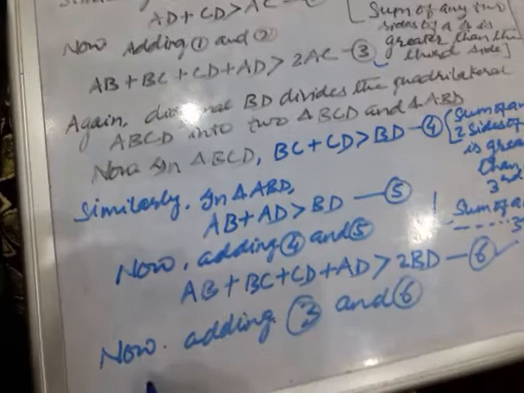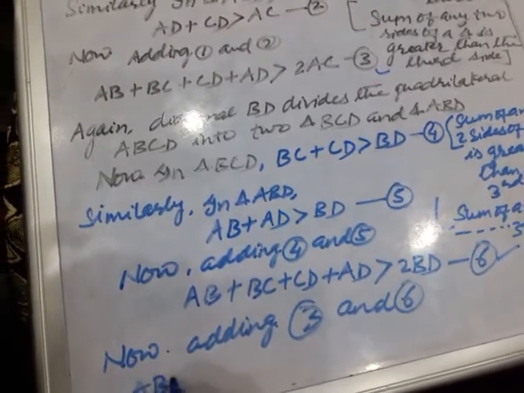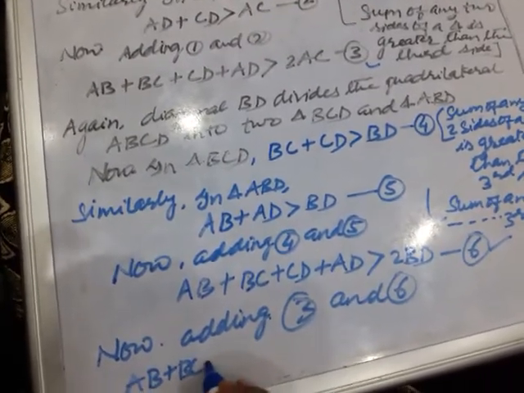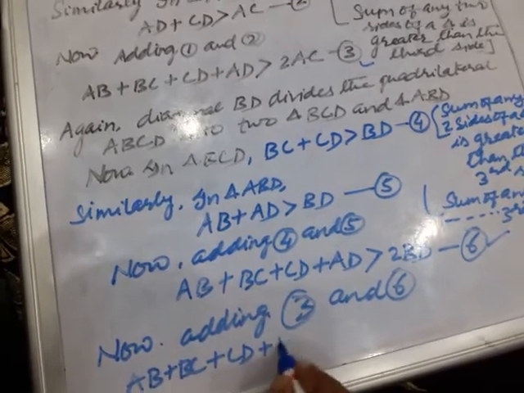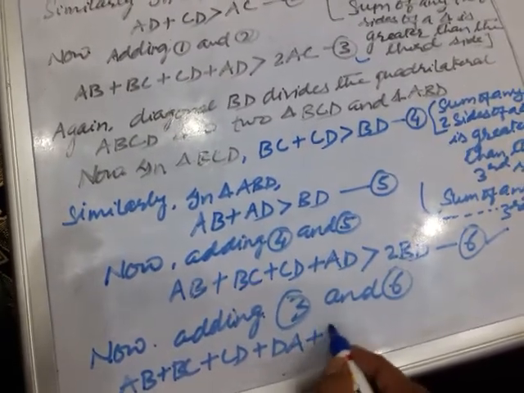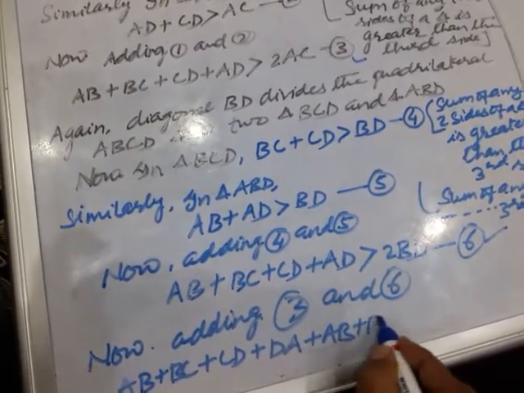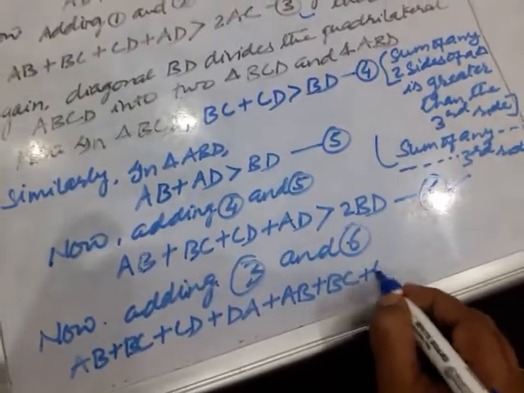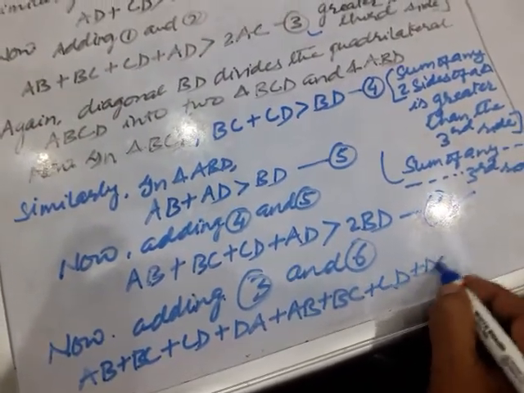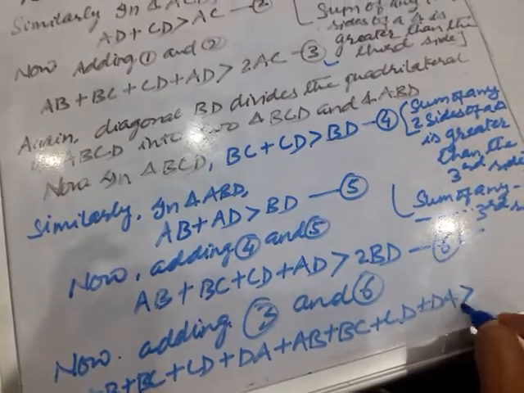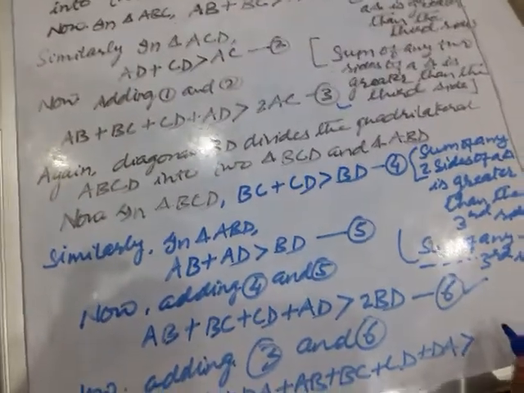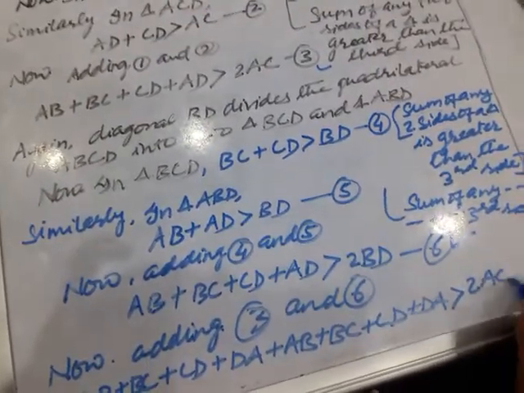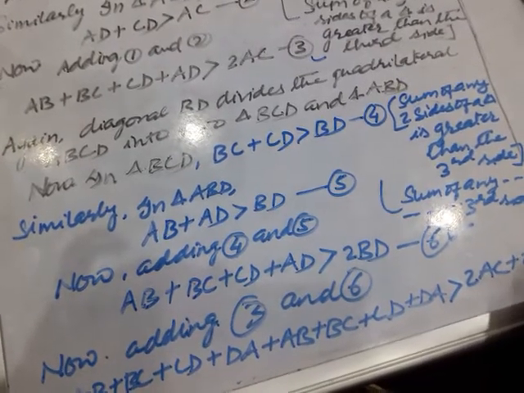AB plus BC plus CD plus DA plus AB plus BC plus CD plus DA is greater than 2AC plus 2BD.